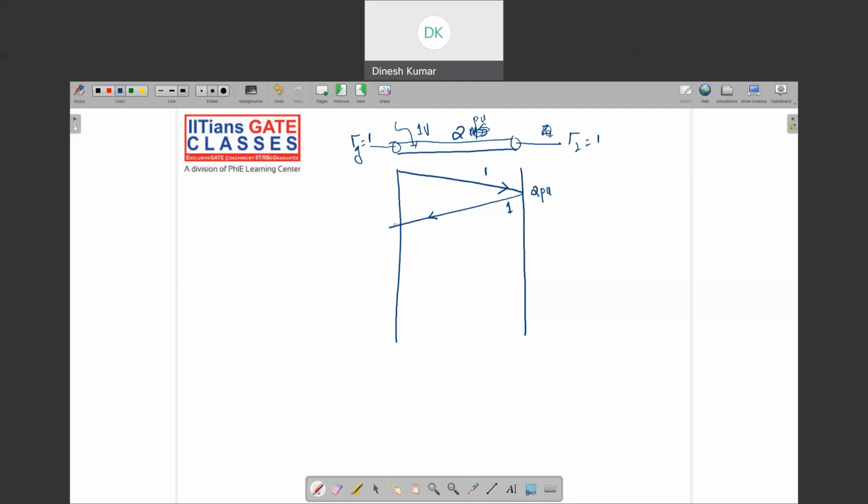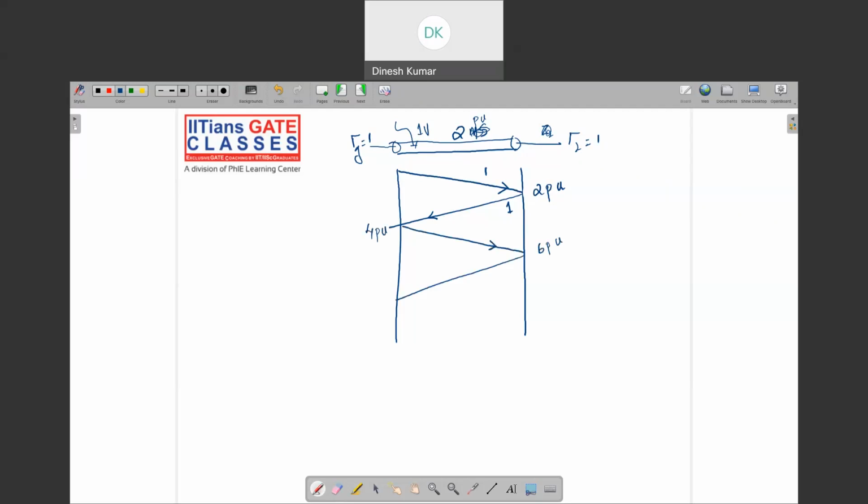Now here, this is 1 per unit time. Because the delay time is 2 per unit, right? So delay time is basically 2 per unit. Then it will reach here, again 2 per unit it will take. That is 4 per unit. Now it will reach here, something like 6 per unit.